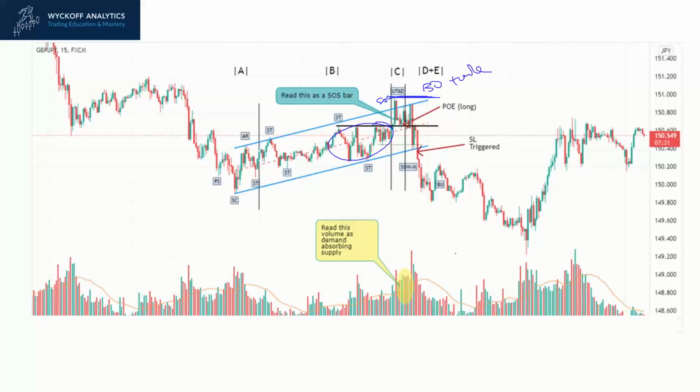What it does is, if it pulls you in, then most likely there's going to be some kind of continuation, unless you're going into another upthrust right here. But this way, you wouldn't be pulled into this trade altogether. Franz, what are your comments?